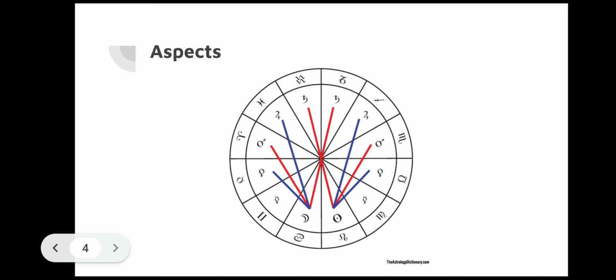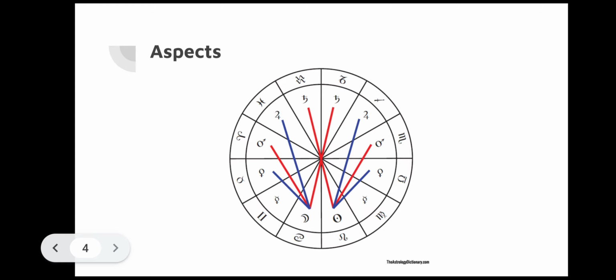This is also another thing that's important. All planets that are trine to each other have the same element. So if we look at the trine that is happening right now, we have Jupiter, which is trine the sun, and it's also trine Aries. There isn't an aspect line going from the sun to Aries, but we can tell that they are 120 degrees.